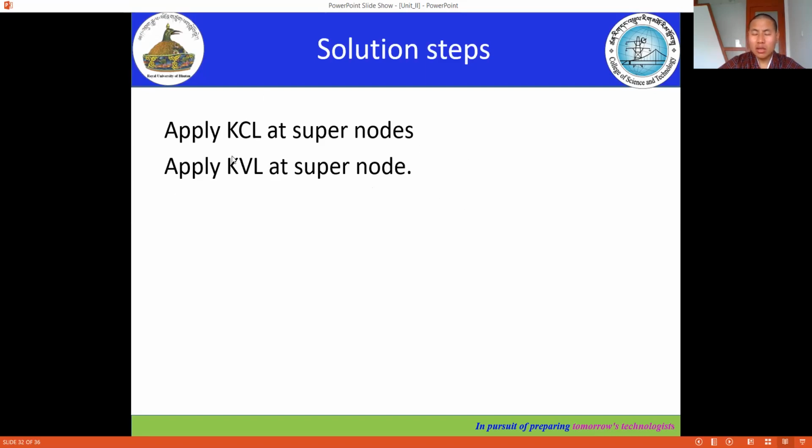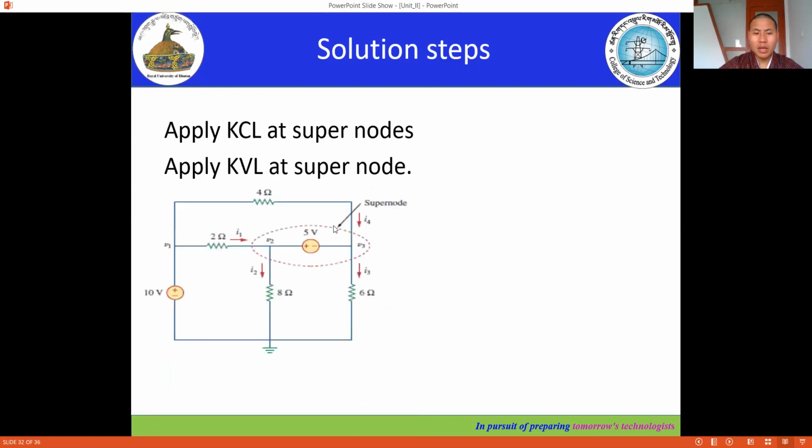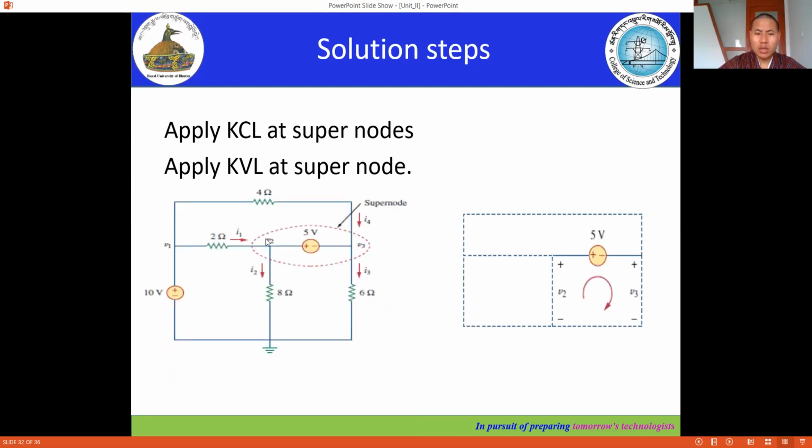In the super node analysis also, we apply Kirchhoff's current law and Kirchhoff's voltage law. In case 2, first we apply KCL at this node. Here current I1 is coming in, current I2 is going out, current I3 is also going out, current I4 is coming in or entering this super node. From this super node, you will get one equation.